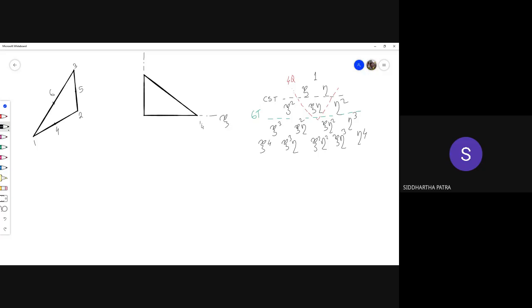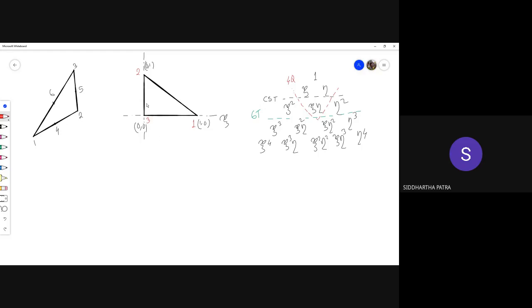So the coordinate of this point is 1, 0, and this is the origin, so 0, 0, and this one is 0, 1. And if I number the nodes, this one is node number 1, this is node number 2, and this is node number 3.